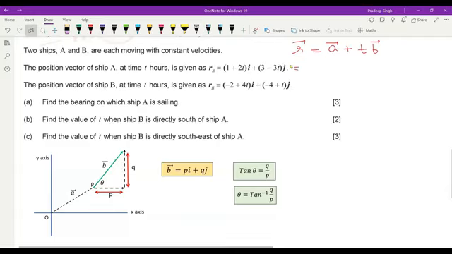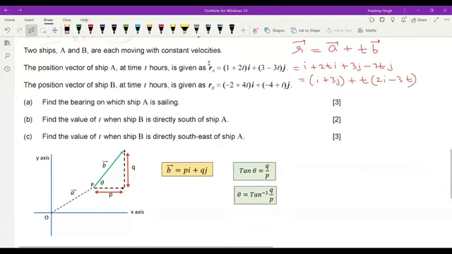So R vector can be written as, if I expand the bracket, we'll get i plus 2ti plus 3j minus 3tj. And then the i and 3j, we will club them in one, so we will write i plus 3j. I will take t as common from the remaining terms, so we'll get 2i minus 3j, times t.